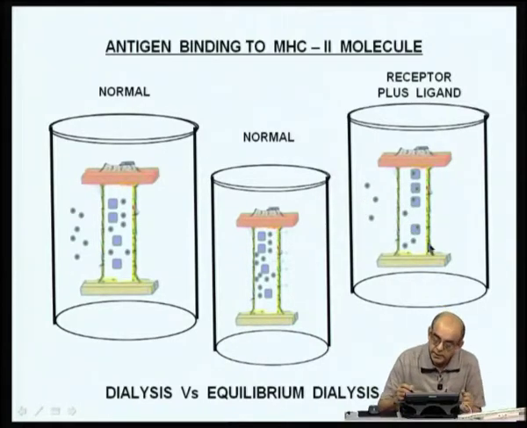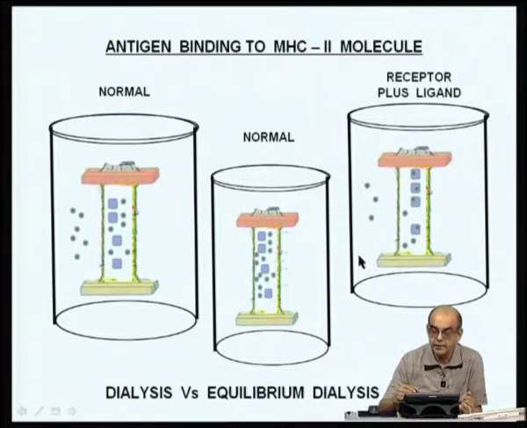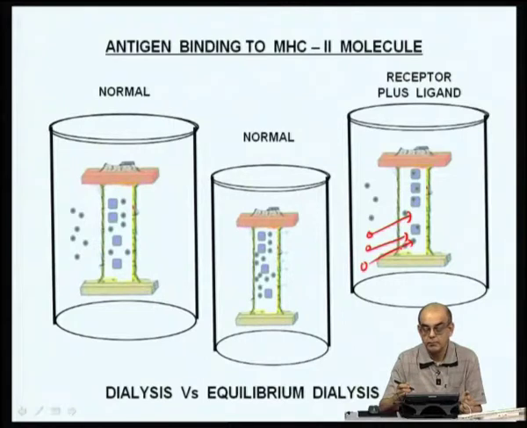But essentially, if you had a radioactive ligand and you put it outside, in the beaker outside of the dialysis bag, you would find that these molecules would progressively move inside and accumulate in the bag, because they would be bound by the receptor and therefore become unavailable for dialysis.